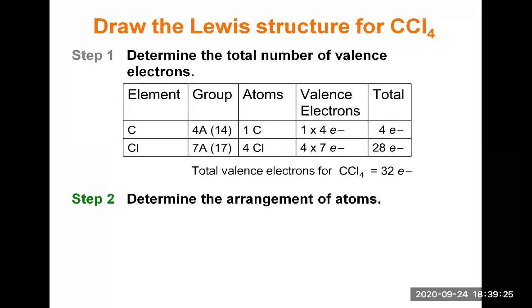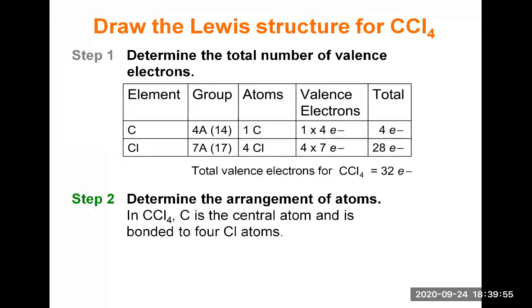Second step, determine the arrangement of the atoms. Here, whenever you have carbon, put it in the center. It's really an atom that will always be in the center. And here you see carbon is less electronegative than chlorine, or is more metallic than chlorine, being more on the left side of the periodic table. So put carbon in the middle, and because you have 4 sides around carbon, you can give each side a chlorine.